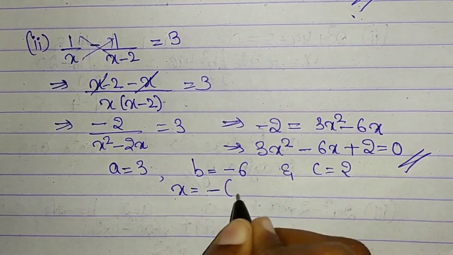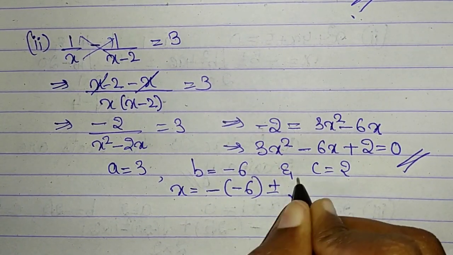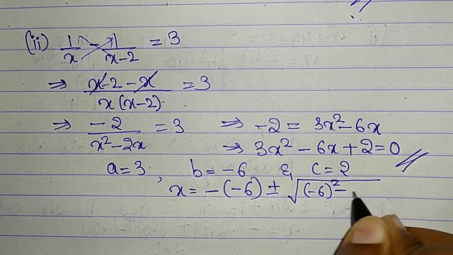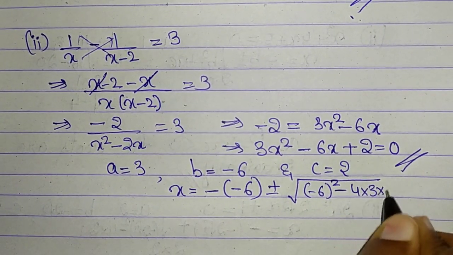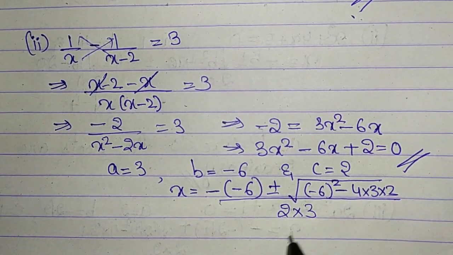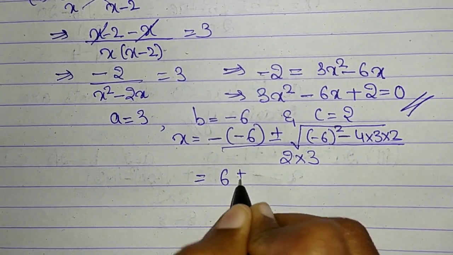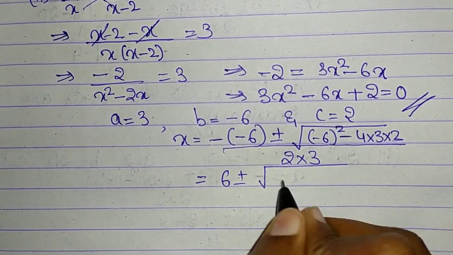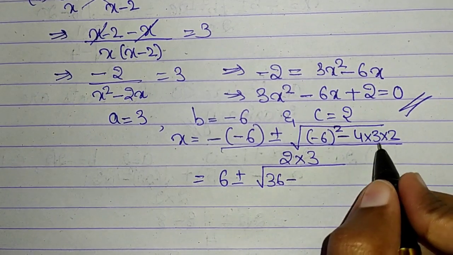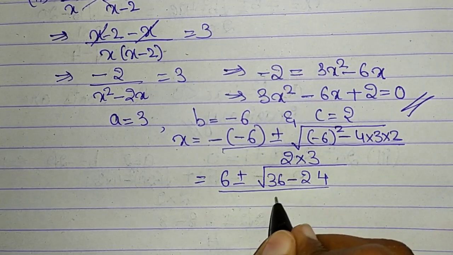So minus of minus 6 plus or minus under root minus 6 whole square minus 4 into 3 into 2 divided by 2 into 3, 2a. So this is equal to minus of minus 6 plus or minus under root 6 square 36 minus 4 3s are 12, 12 2s are 24 divided by 2 3s are 6.